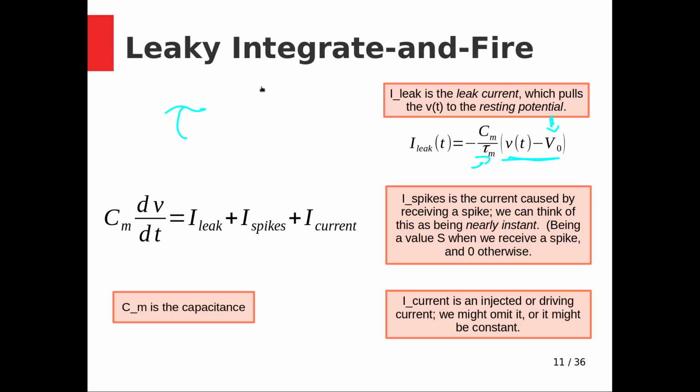So very large tau means that the time scale of our leak current is very large, which basically means it's very slow in pulling down to the rest potential. Very small tau means our leak current operates over very short terms, which means it very quickly pulls our voltage down to our leak term. Okay?